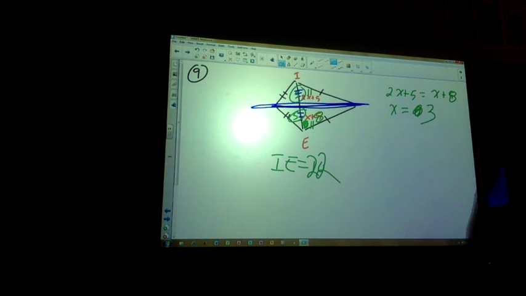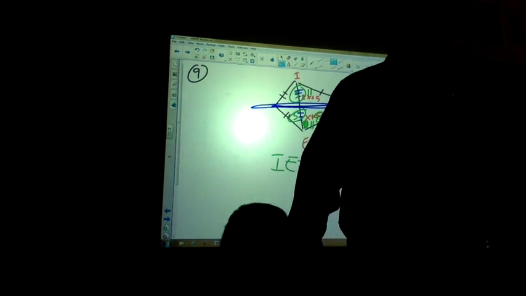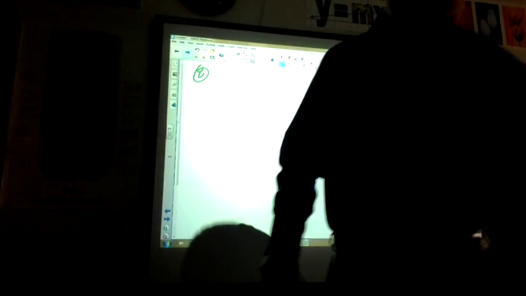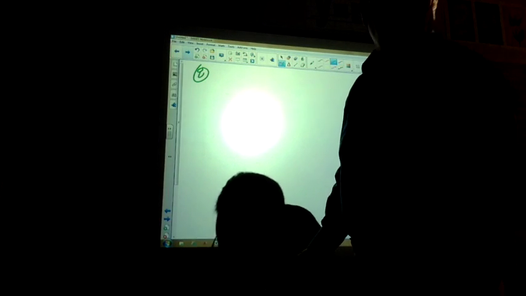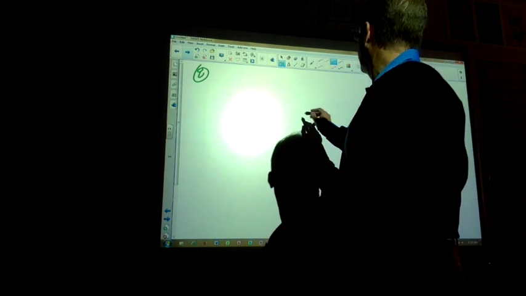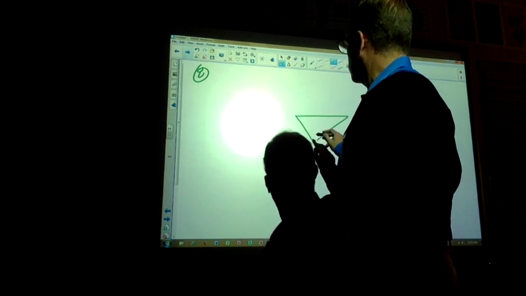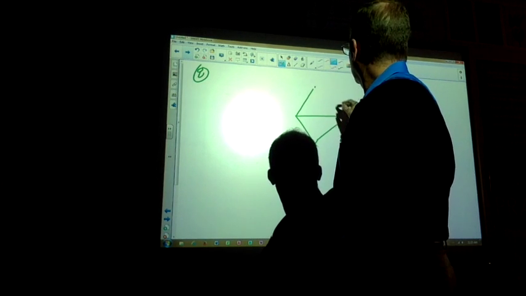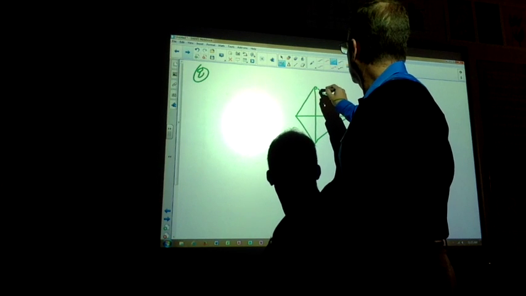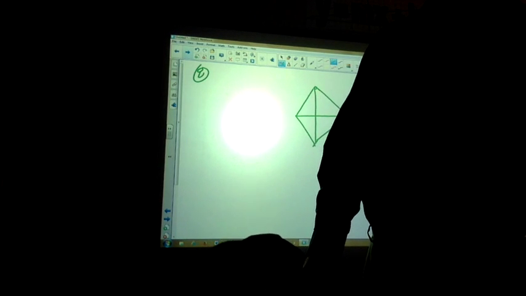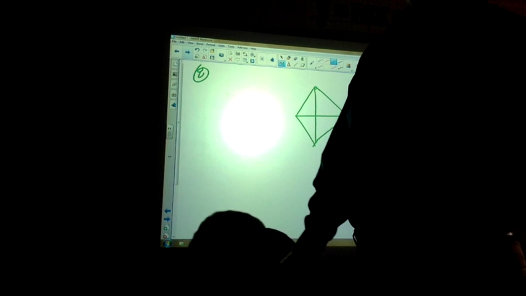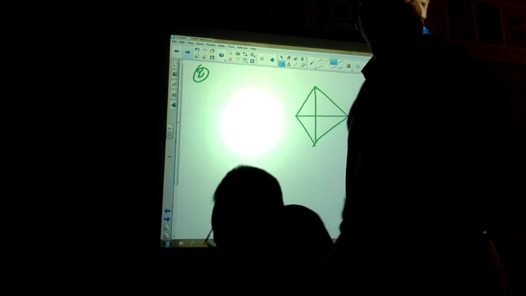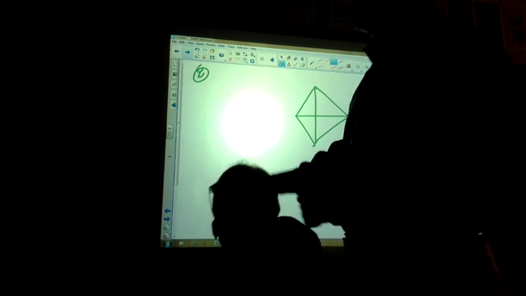What else do we got from there? Any of those? Yeah, 8? Let's see. They tell us that AC, top to bottom, is the perpendicular bisector.